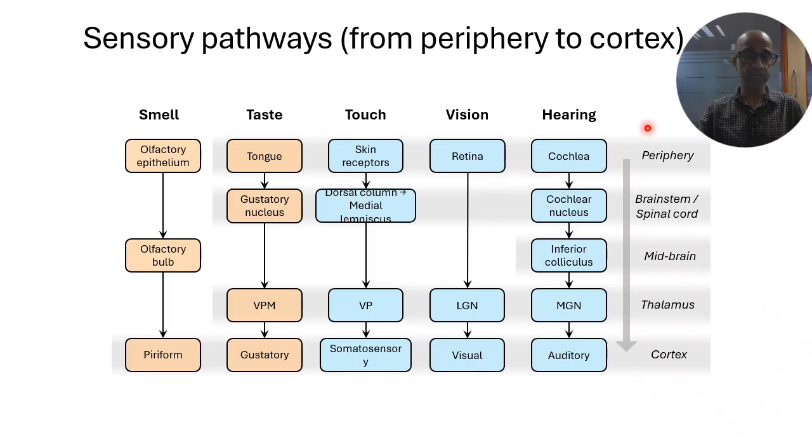Similar kinds of things will be discussed about the auditory system, the somatosensory system, and the olfactory system that deals with smell. When we look at it, there are some similarities and differences. For example, at the periphery, you have to have sensors. For the auditory system, you have the cochlea within the inner ear, which senses the sound stimulus.